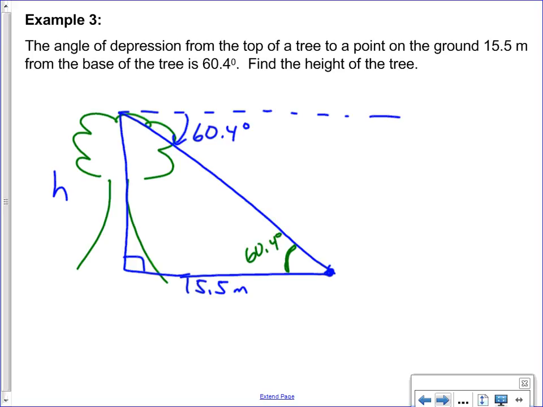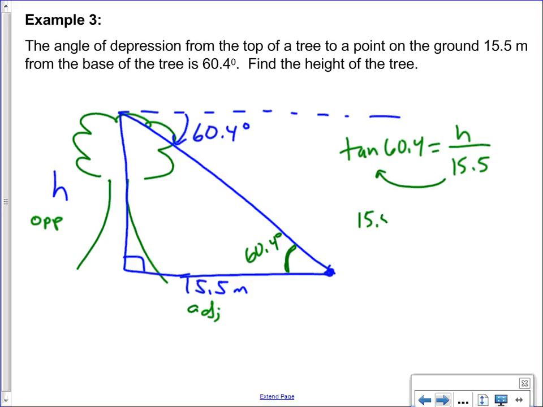Sine, cosine, or tangent? We do have tan, because from this angle, we have the opposite and the adjacent. So tan of 60.4 is equal to h over 15.5. Multiply that 15.5 to the side.